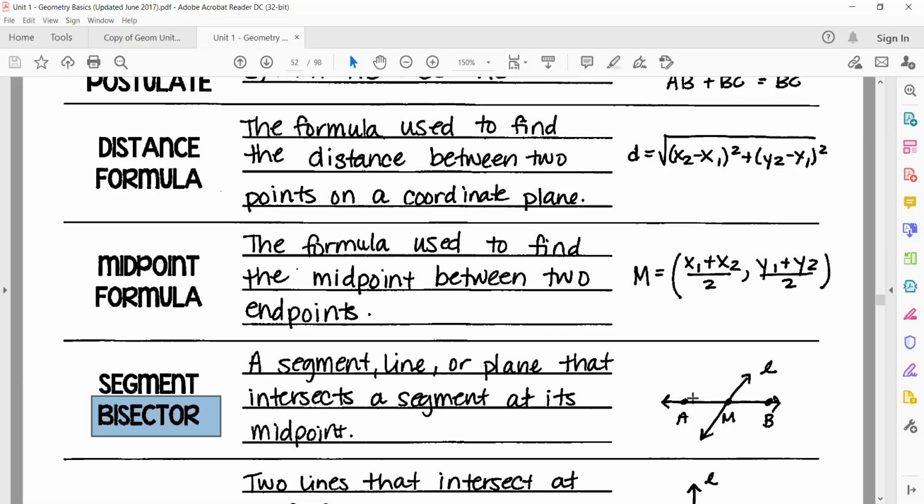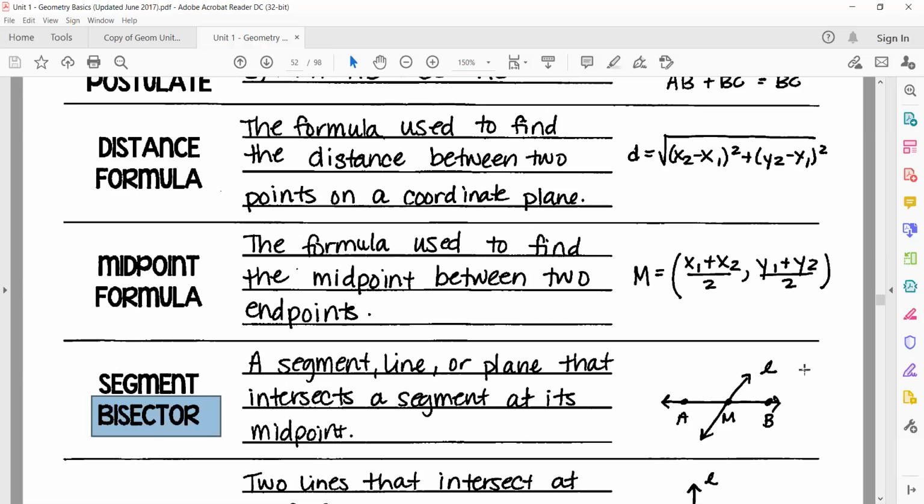So if you wanted to figure out dimensions for the whole line, you'll see problems like that. They might give you this and this with the distance.